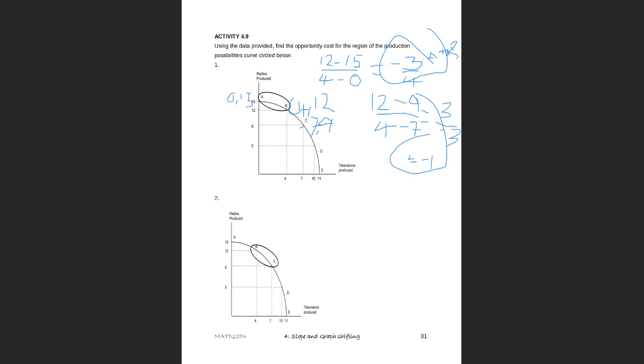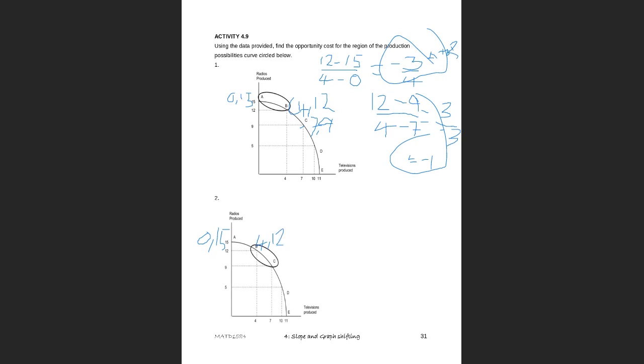Can you please interpret the slope? Oh, okay. Now, the first one, you see that here was 0 and 15. You get that one? And here was 4 and 12.